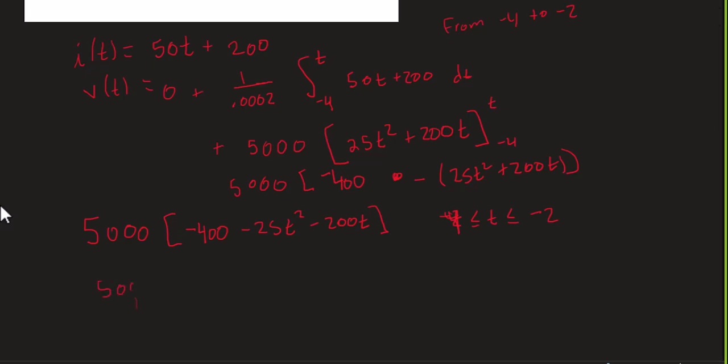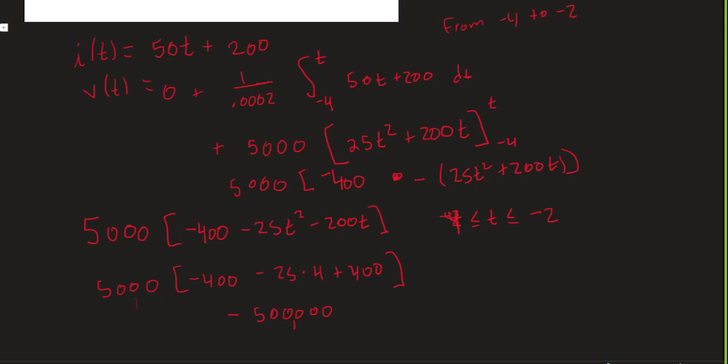So I need to plug in negative 2. And that looks like it is negative 500,000.